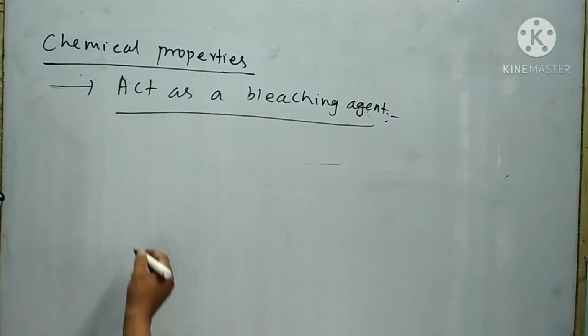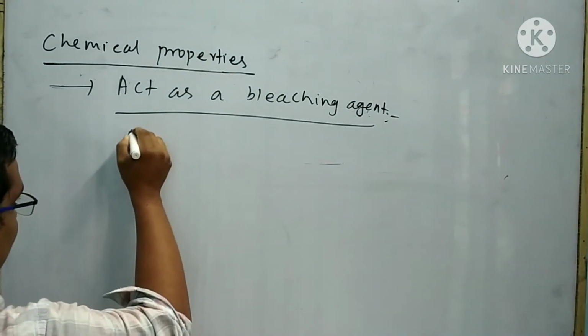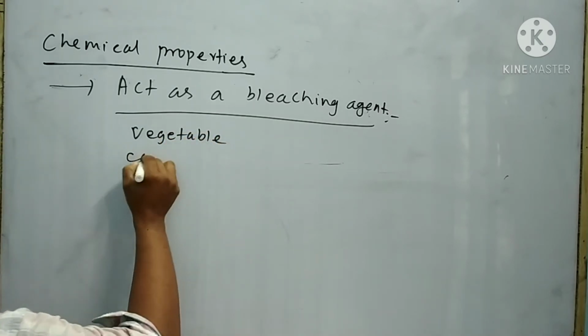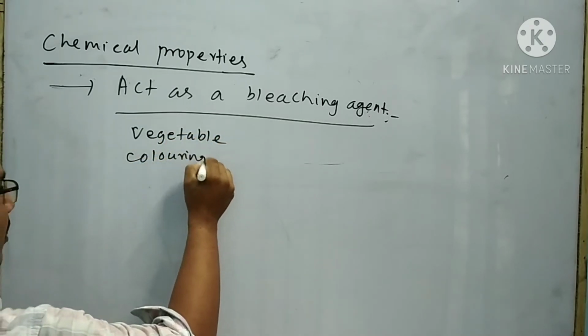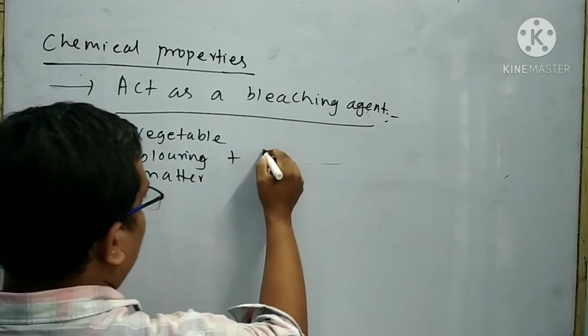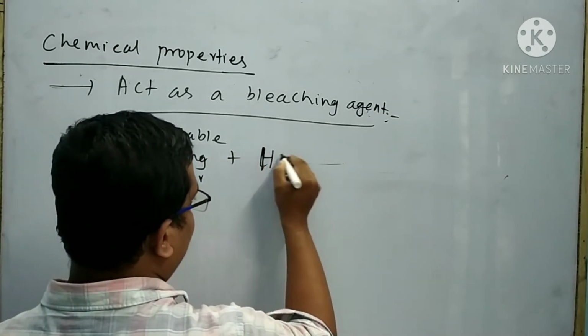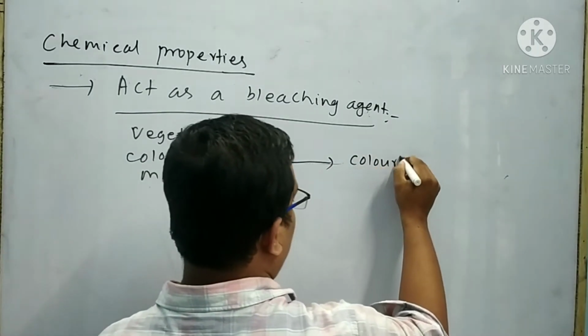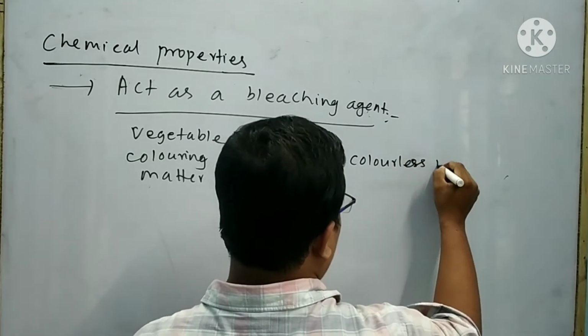So I can write the reaction like this: vegetable coloring matter plus nascent hydrogen gives a colorless matter.